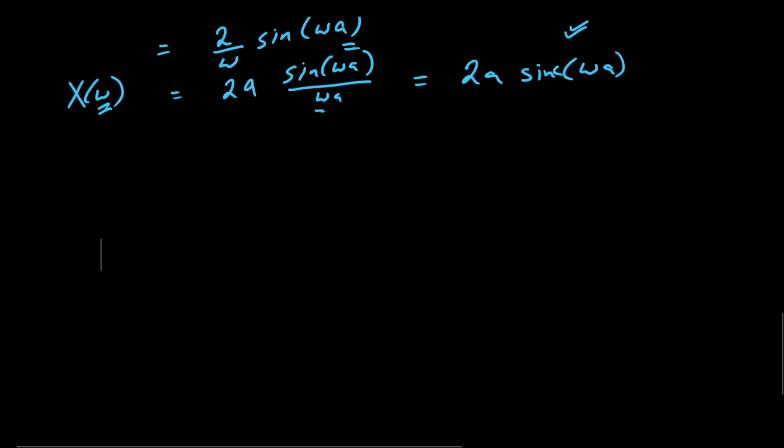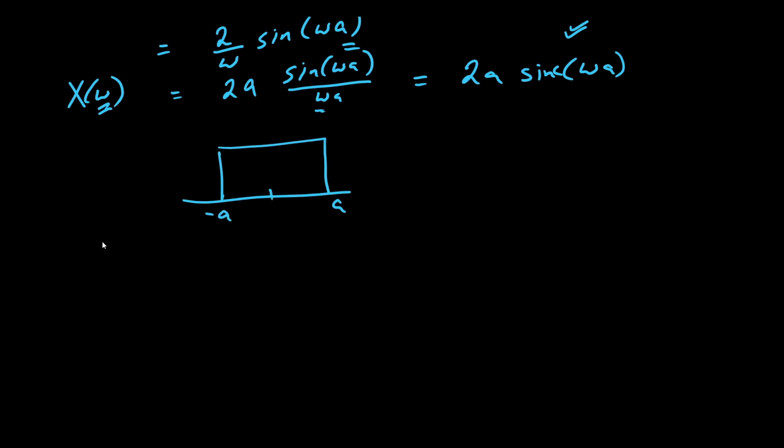So that is when we have a signal which is a rect function in time, starting from minus a to a, having an amplitude of 1. The Fourier transform is simply a sinc function, which is 2a sinc of omega a.